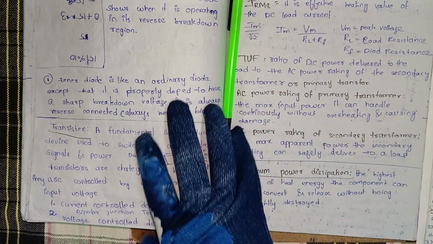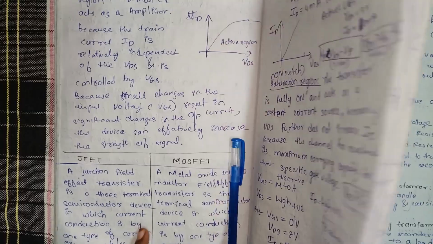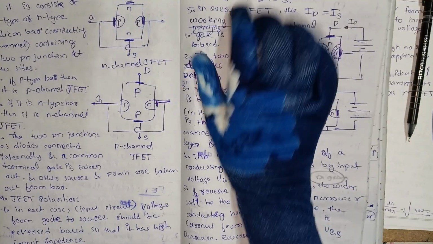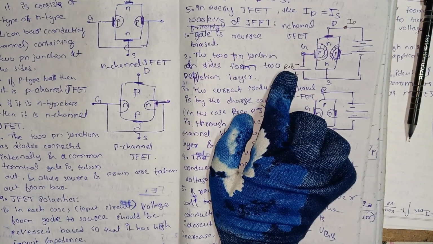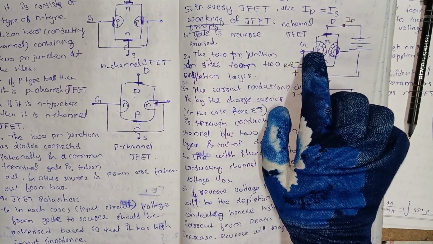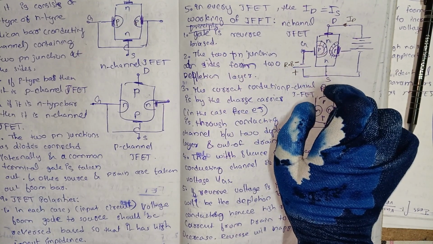In the working of JFET, the gate is reverse biased, meaning the negative terminal is connected to the P-type material and the positive terminal is connected to the N-type material.